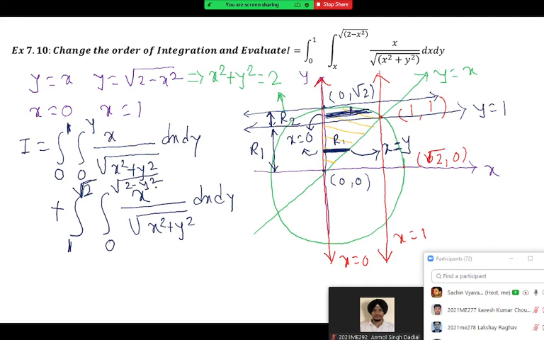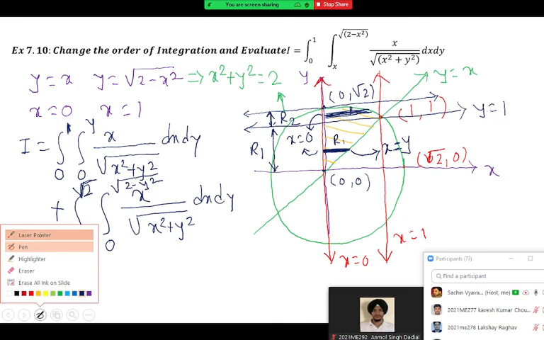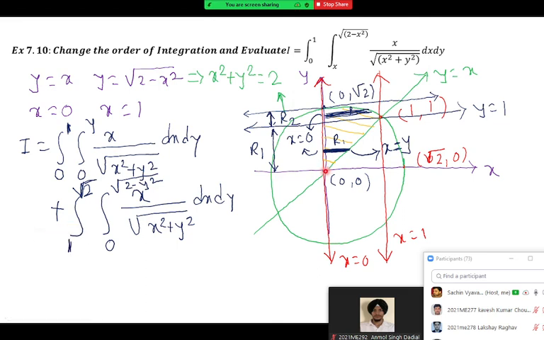So one integral is split into two integrals. The reason is one strip is not enough to cover the entire region. When we drag it from y minimum to y maximum, y minimum is 0, y maximum is root 2. What happens? From this point to root 2 we have to drag it.